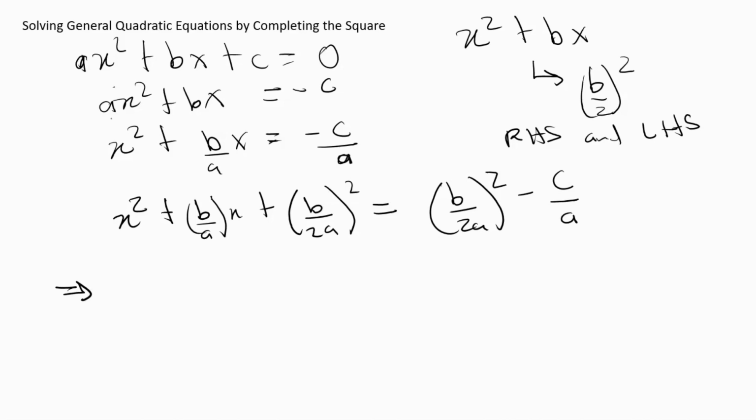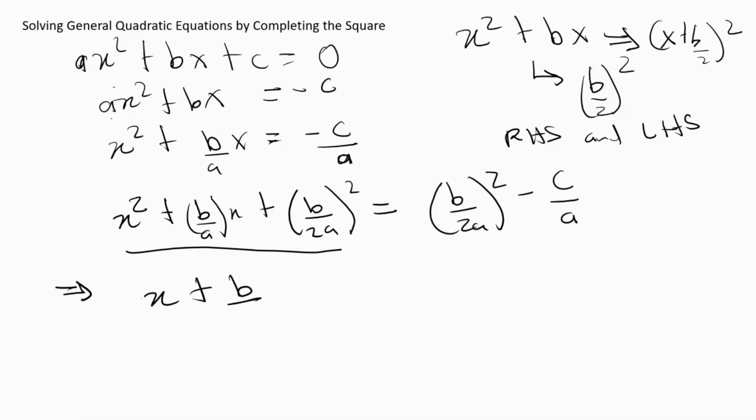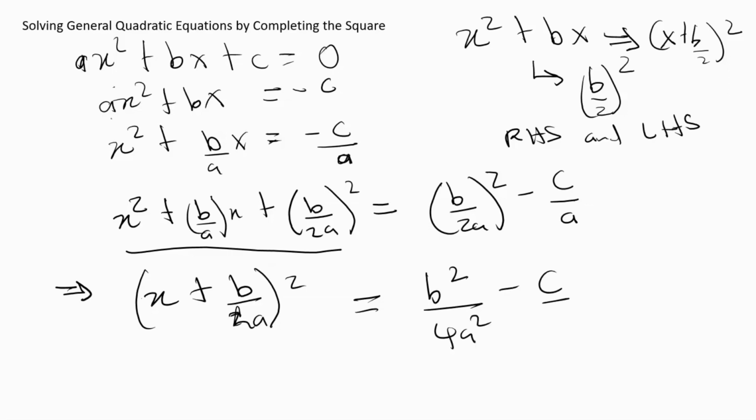When we added b over 2a, we got this simplification, which is x plus b over 2a squared, which equals b squared over 4a squared, minus c over a.